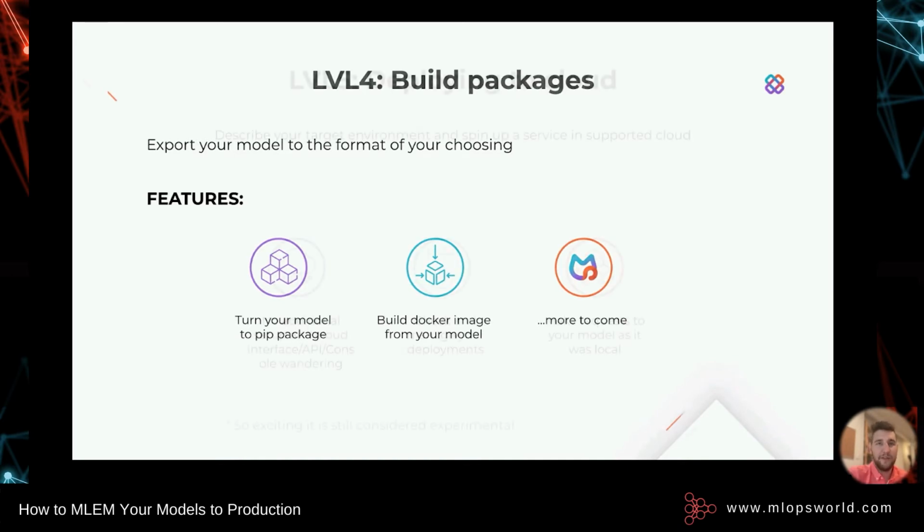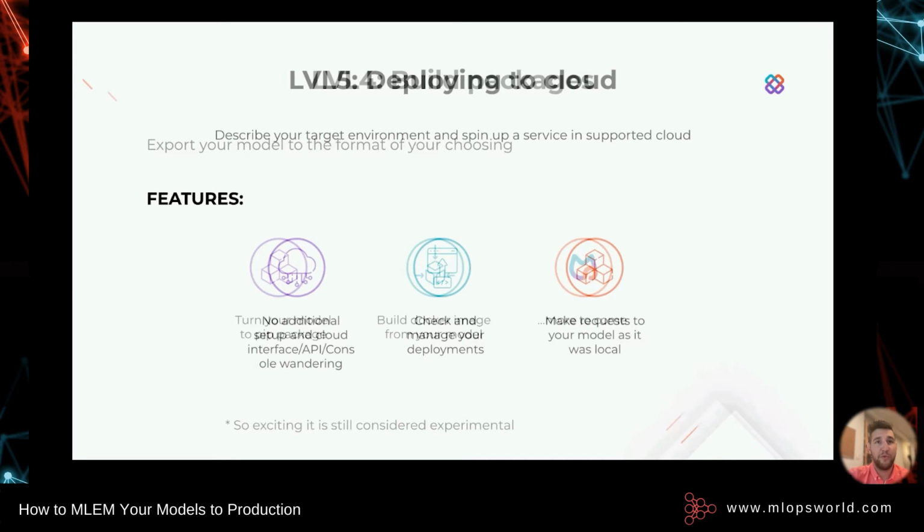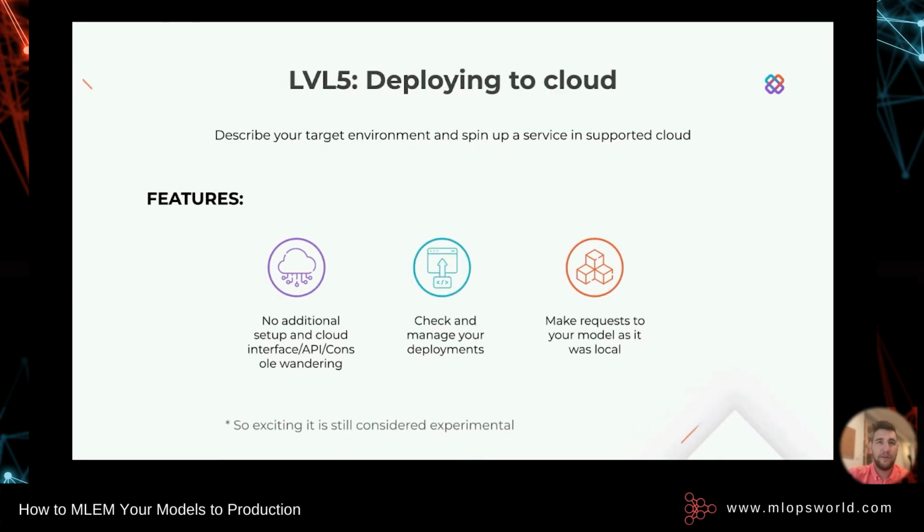And the final level 5 is deploying your model to cloud. So basically, you describe your target deployment environment, and with one API or CLI call, you spin up a service in the supported cloud. And you don't need to go through cloud interface or APIs or consoles. You can check how your deployment is doing later with the MLEM command.